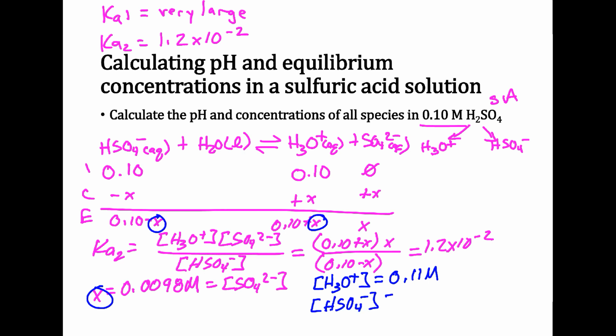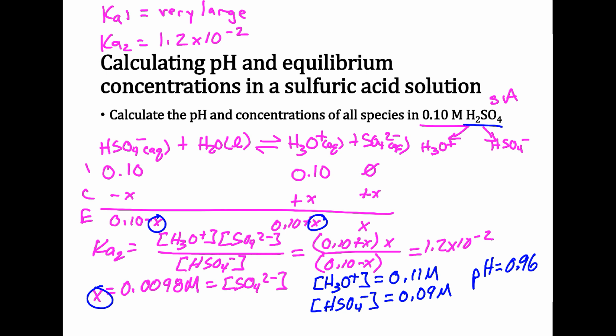Concentration of HSO4 minus will be approximately 0.09 molar. The pH will be 0.96, which makes sense because this is a strong acid, so it should have a lower pH. And then what we'll also see here is since H2SO4 is a strong acid and it dissociates completely, there should be none of this left.